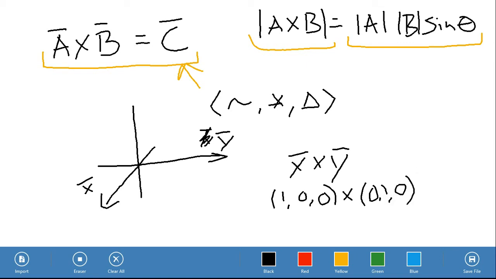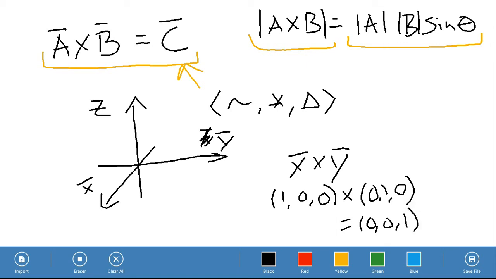Well, this very simple example will show you that this is actually going to give you the vector in the z direction, so the k hat vector. You can go through and do the math, this is going to equal 0, 0, 1.